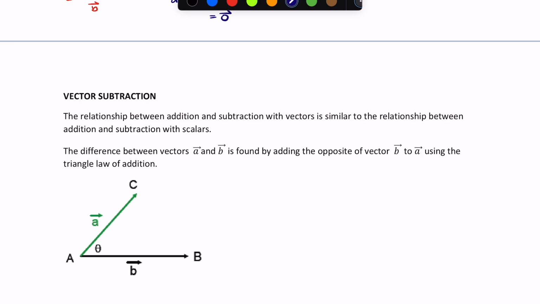And here, if we draw vector B, instead of going from left to right, we draw it going from right to left.